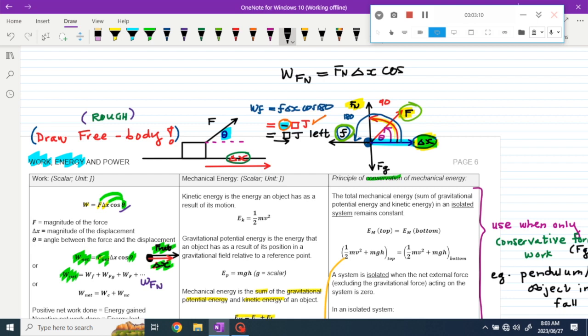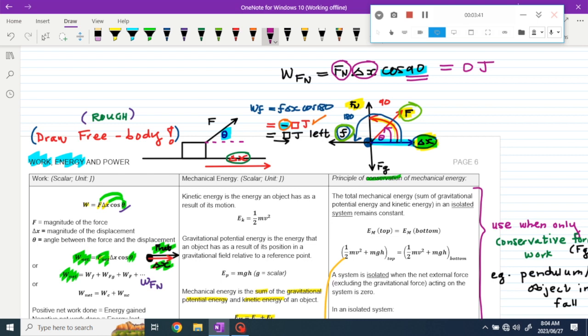They are perpendicular to each other. So the theta value is going to be 90. Now if you use any calculator and it's on the right setting and you plug in cos 90, the answer you're going to get is 0. So as a result, any force that is 90 degrees to the displacement is going to do 0 work. And that is why we just leave it out of the exam marking guidelines.